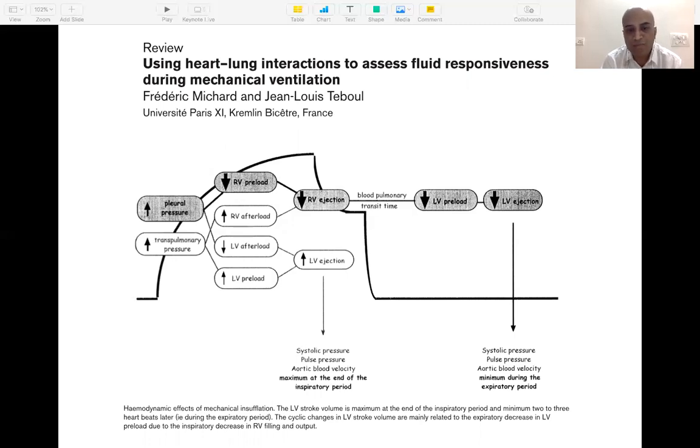So at the end of inspiration, the systolic pressure, pulse pressure, and aortic blood velocity will be maximum. And at the end of expiration, all these pressures and volumes will be minimum. And by this, we can check whether this patient is going to be fluid responsive.